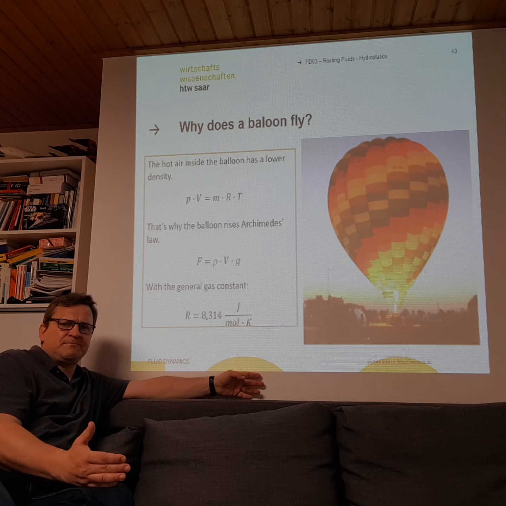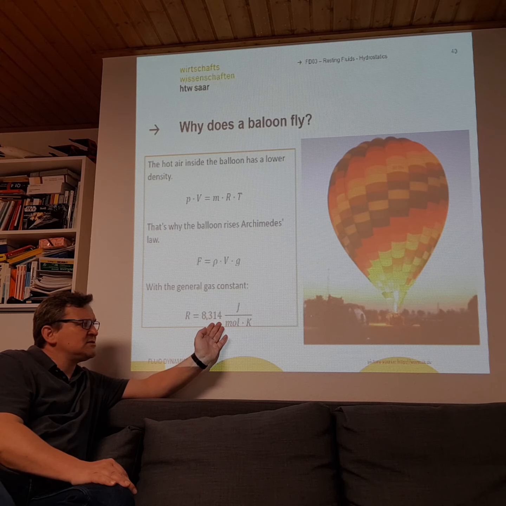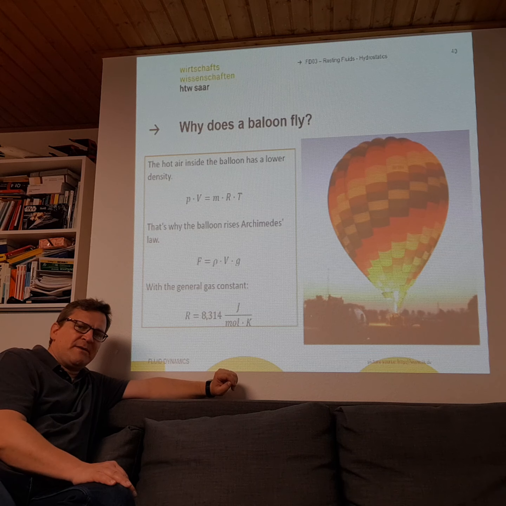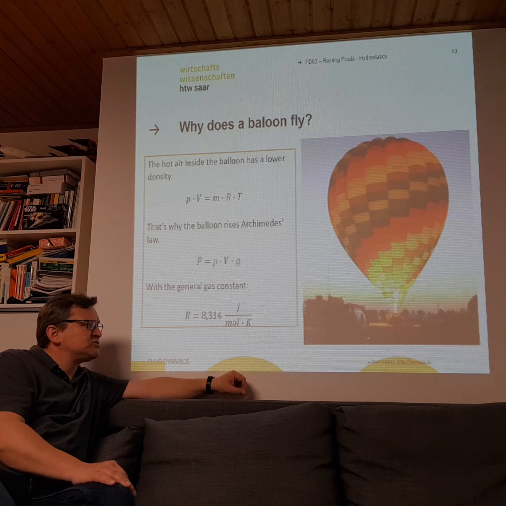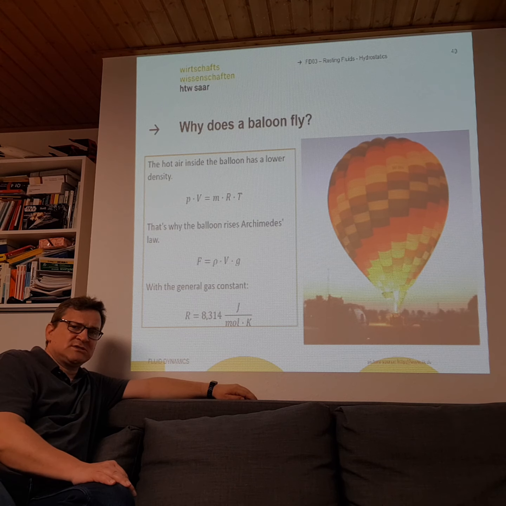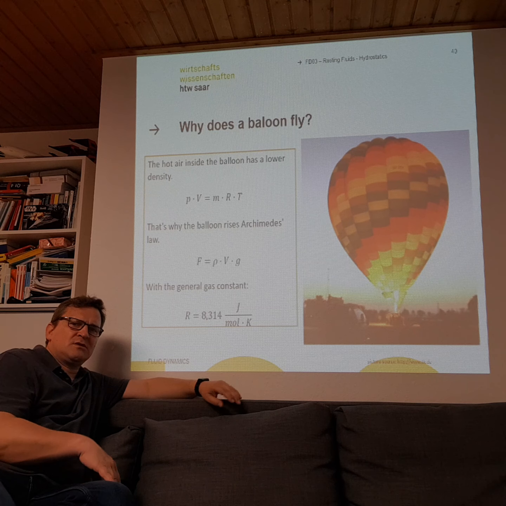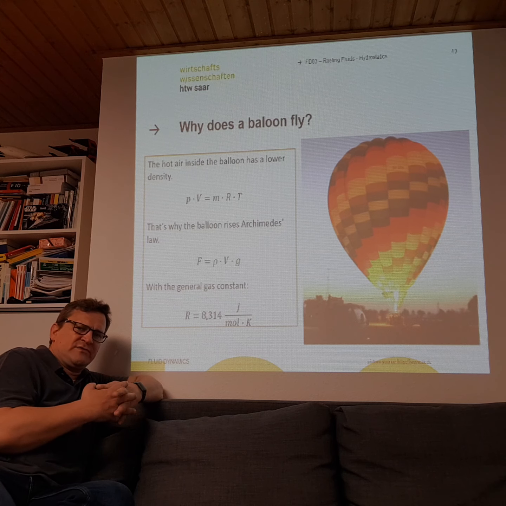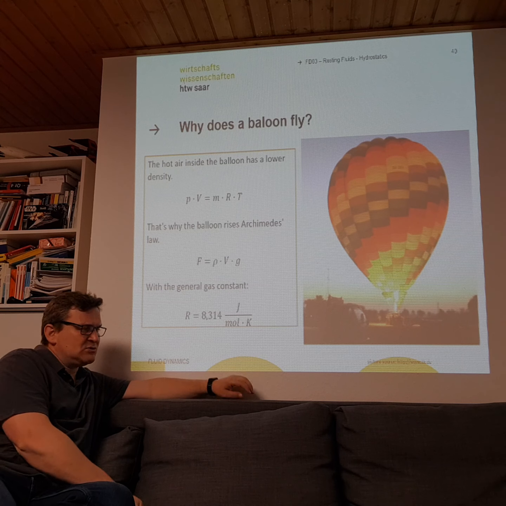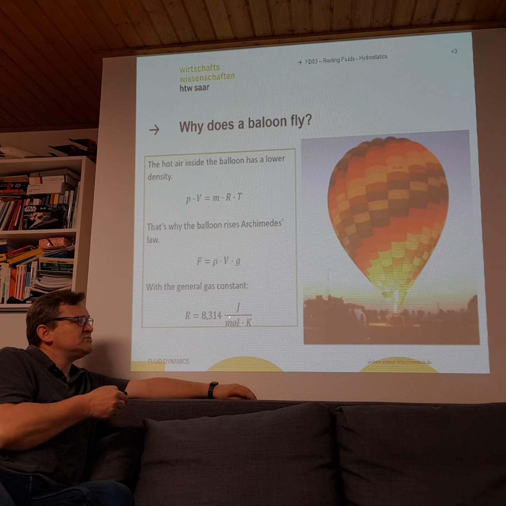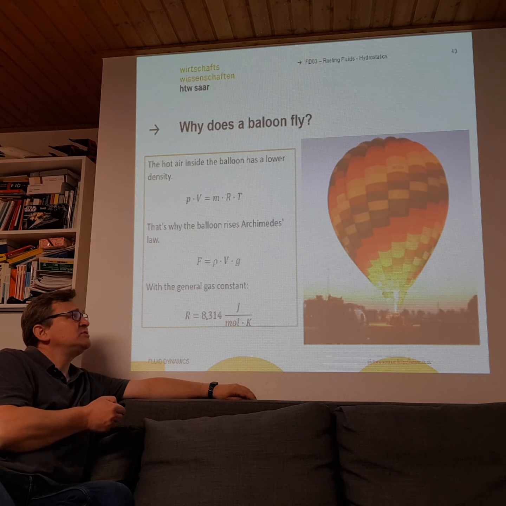It is a constant. When you use this constant, be a bit careful. There are many different descriptions and units of this constant, and you can find a wrong constant very easily. So always try to use the right units.